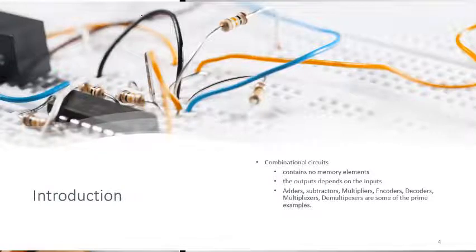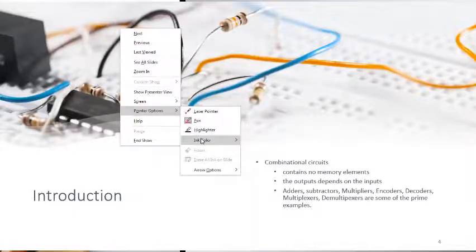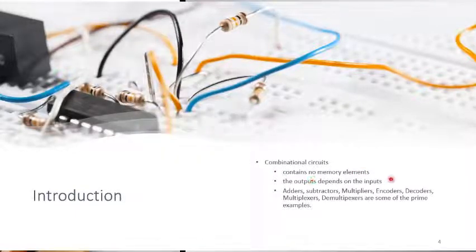So till now we have studied combinational circuits, and we have discussed that combinational circuits are the circuits that don't contain any memory element or any feedback element, and the output is only and only dependent upon the inputs. We have implemented circuits such as adders, subtractors, multipliers, encoders, decoders, multiplexers, demultiplexers.